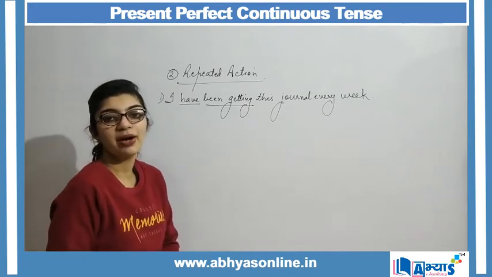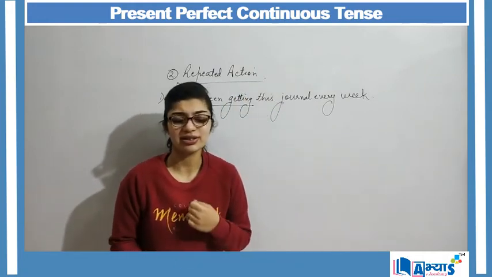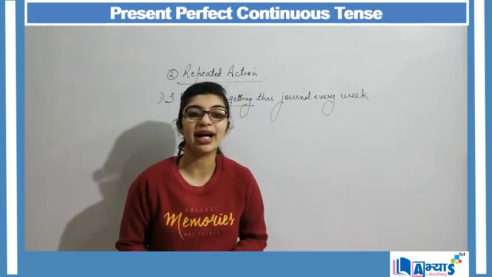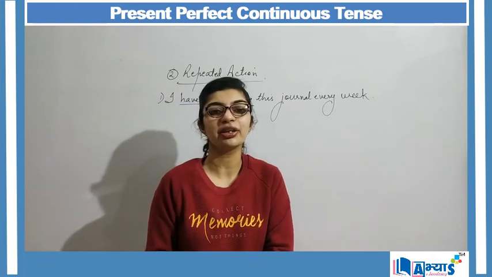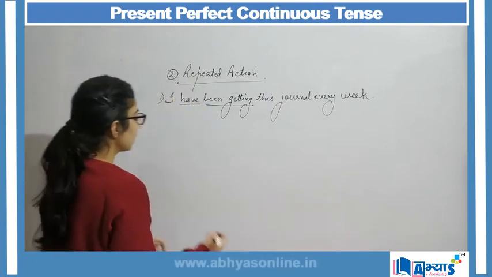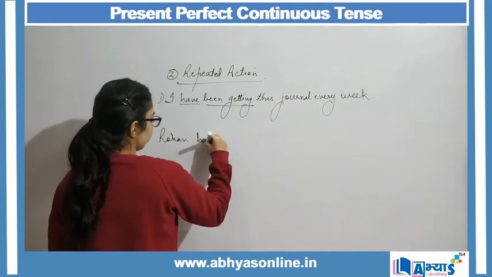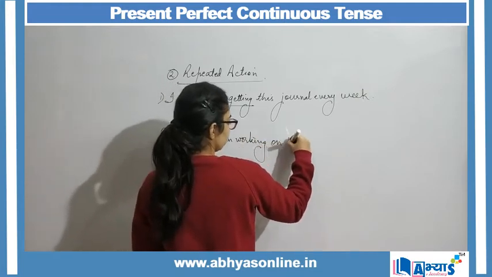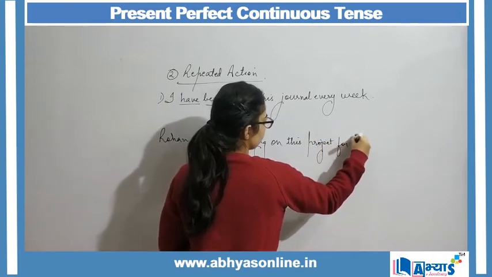Now, another thing about present perfect continuous tense and present perfect tense is that it is sometimes very difficult to differentiate between the two, which means that often the meaning of the two sentences which contain present perfect continuous tense or present perfect tense remains the same. Example of that is like I say, Rohan has been working on this project for 3 years.